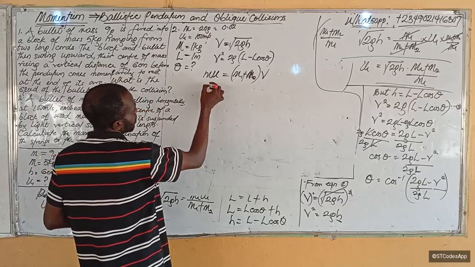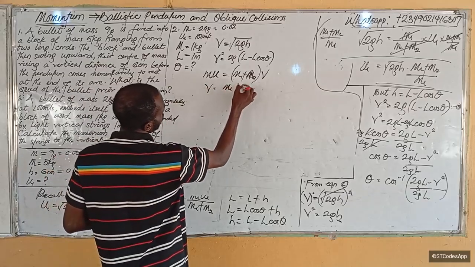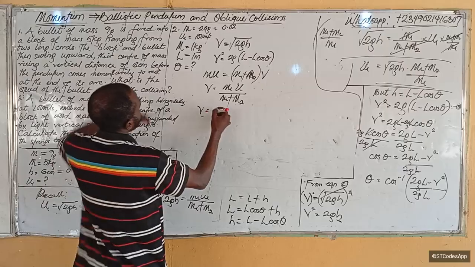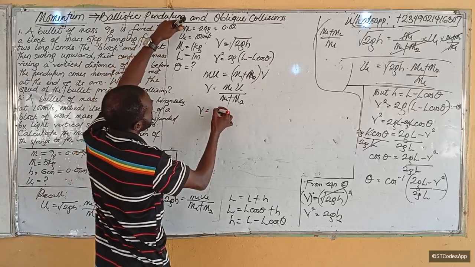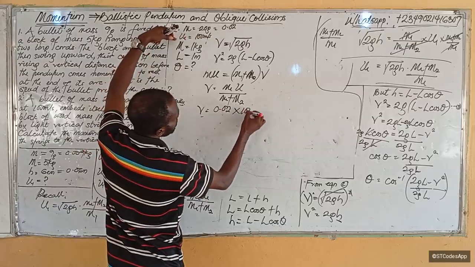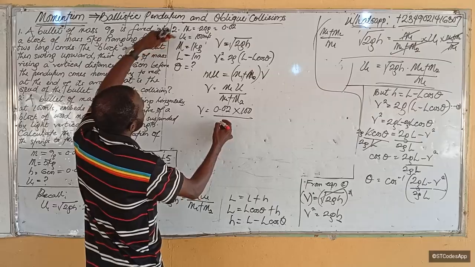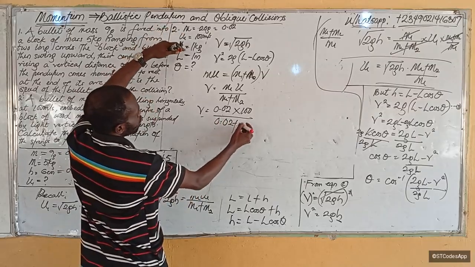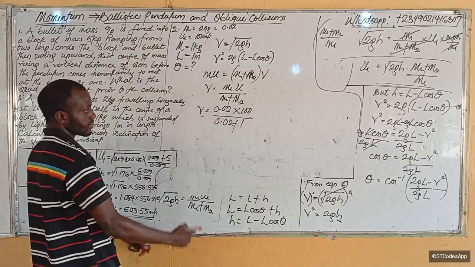So we have V therefore becomes M1U over M1 plus M2. So V equals, what is M1? Small m. That is 0.02 times U, which is 100, over M1, which is 0.02, plus M2, which is 1. Is this clear?